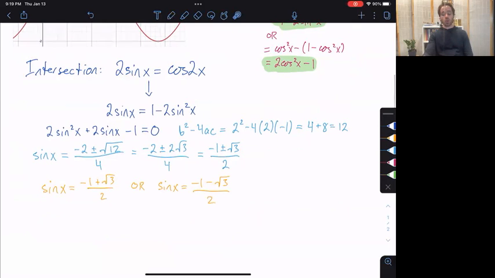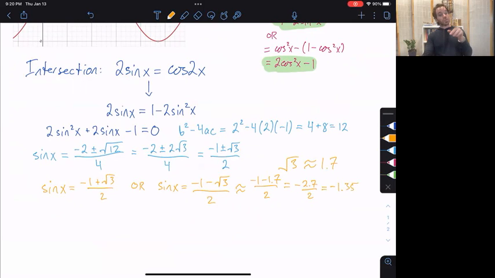Sine of x cannot possibly be equal to this. Here's why. Root 3 is about 1.7-ish. That means that this is about negative 1 minus 1.7 over 2, or negative 2.7 over 2, or about negative 1.35.